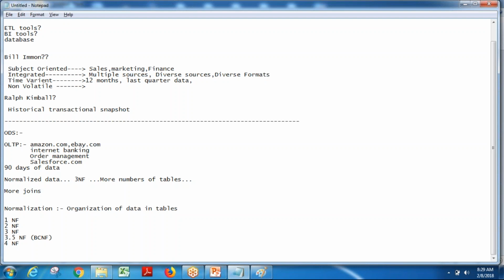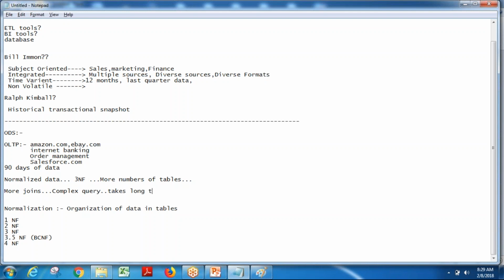So when you have more tables, you need to use more joins, and the query becomes complex, right? And if you're writing a complex query, obviously the data retrieval takes a long time.